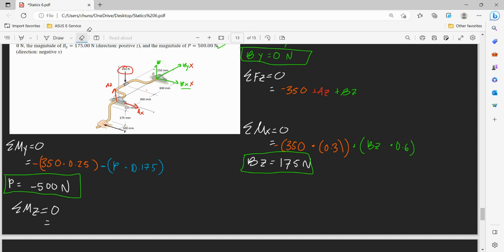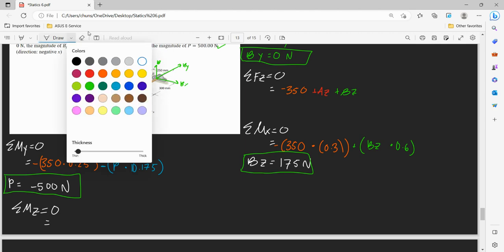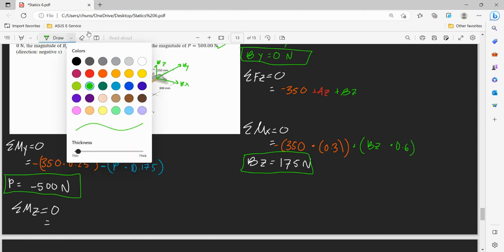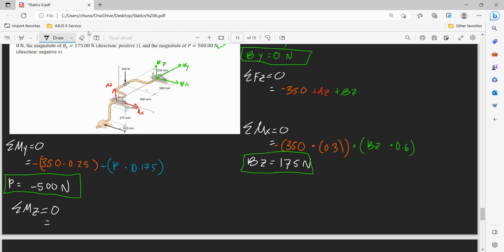Let's do this in a different color so it will be a little better. Okay, so what can't we use? We can't use that because it is parallel. That's parallel, that's parallel. This is through. This is going to be through. This is not going to be through, so we can use that.